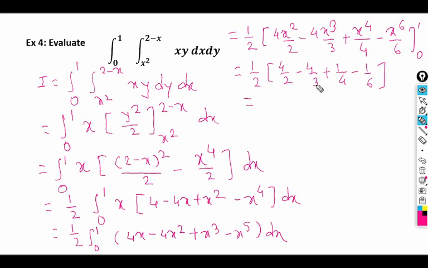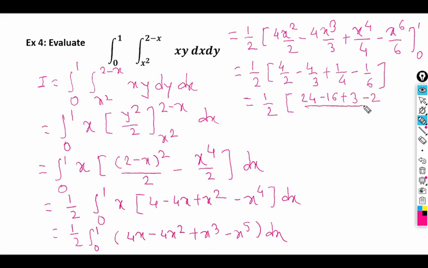So if you want, see here the LCM is 12. To maintain that LCM, see here is 2, so to make it 12, we multiply by 6, 6 4s are 24. To get 12 here, we multiply by 4, so minus 16. To get 12 here, we multiply by 3, so plus 3. And to get 12, we minus 2.